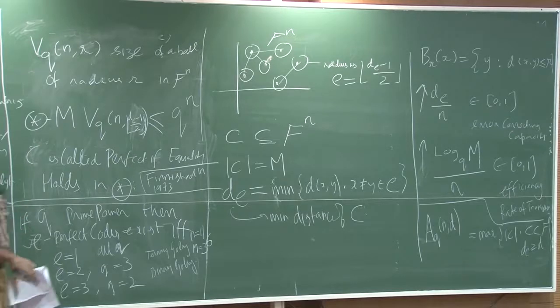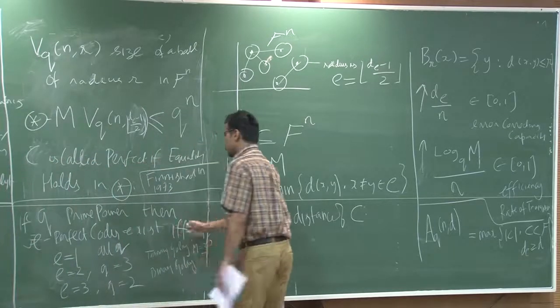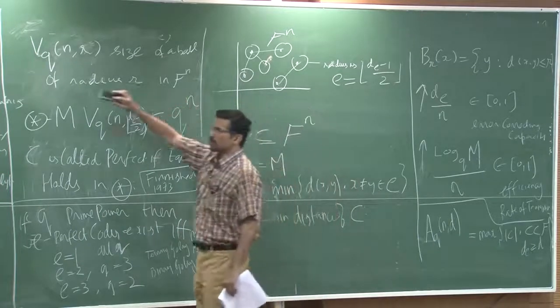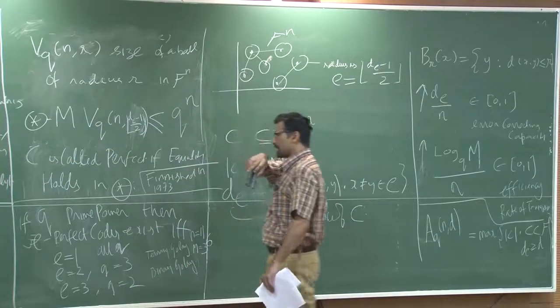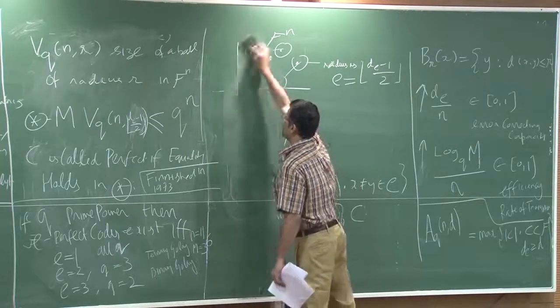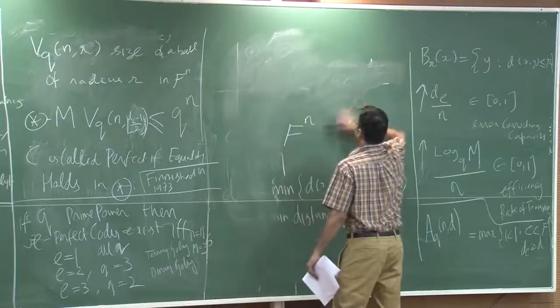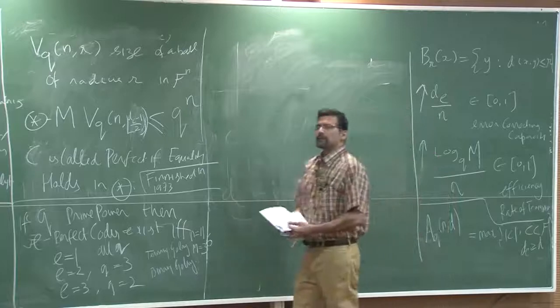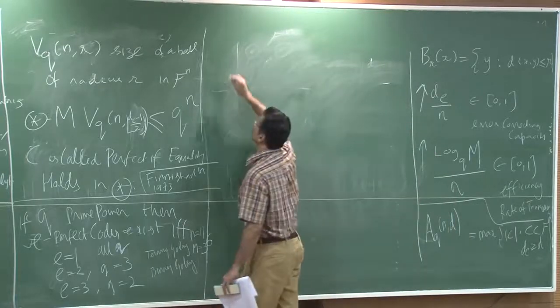But before going there, I said I will talk about some problems. So what is a problem remaining here? If q is not a prime power, what happens is an obvious question. And there is a theorem.